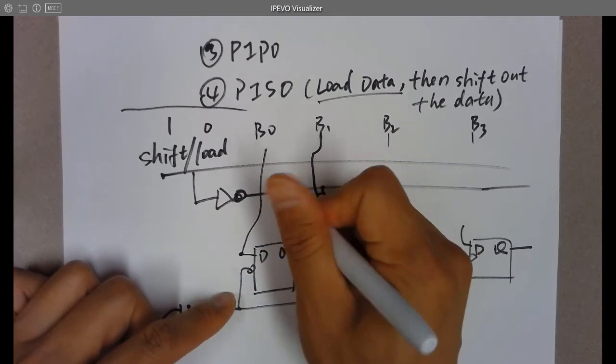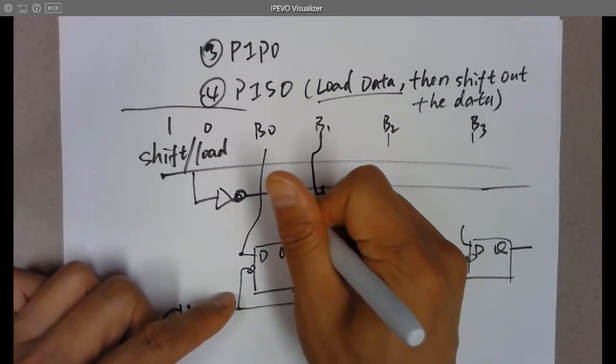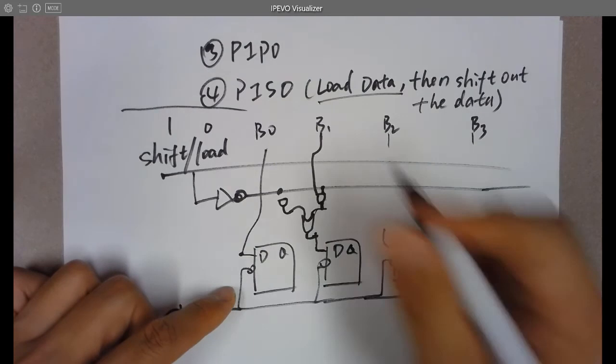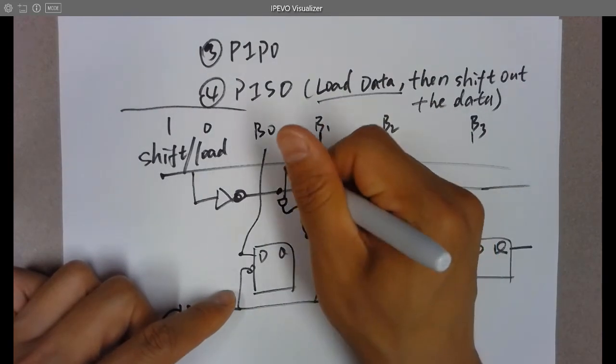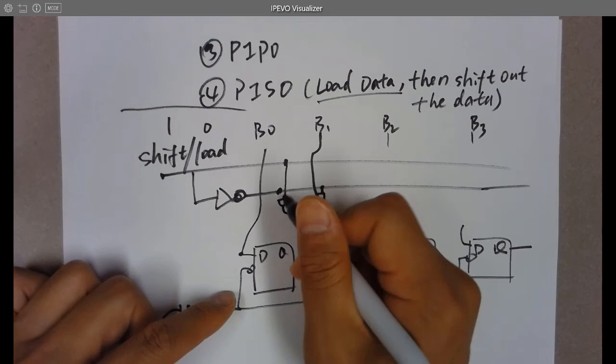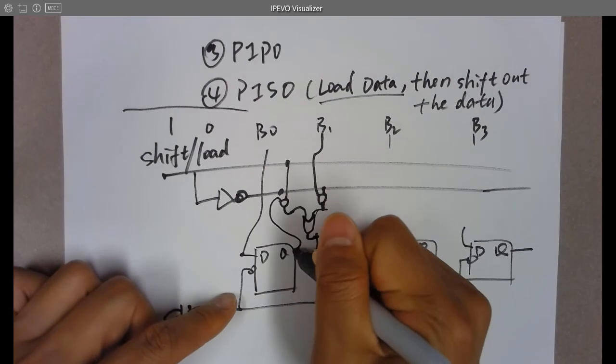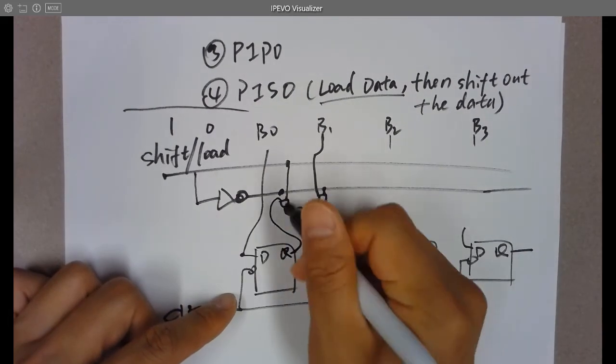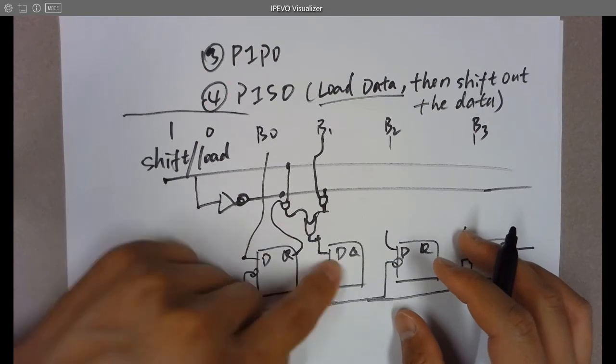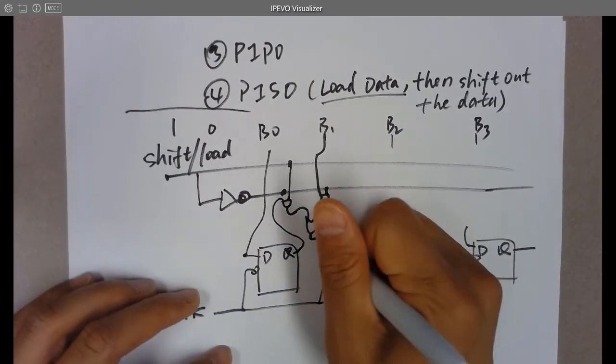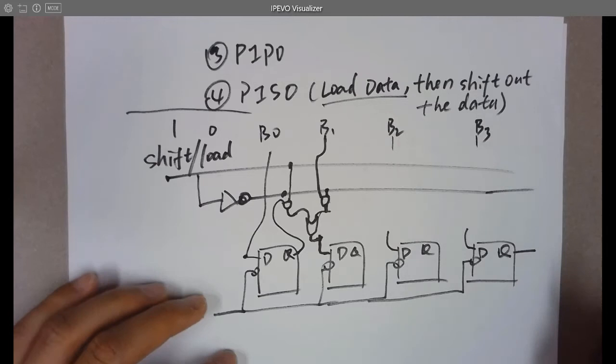And now let's see, if we want to shift it, we use another AND gate. We want to use 1 to shift it. So 1 is the control wire, and to shift, the data is delivered from here to the AND gate, through the OR gate, and on to the next stage.